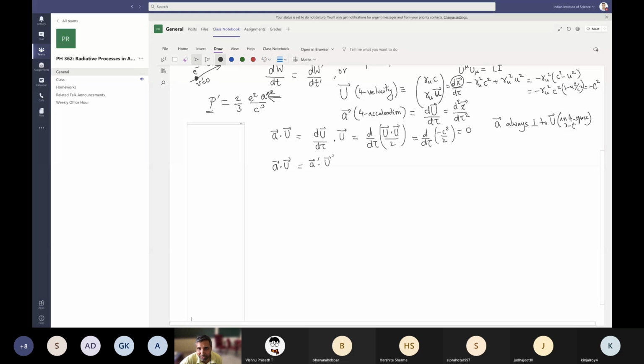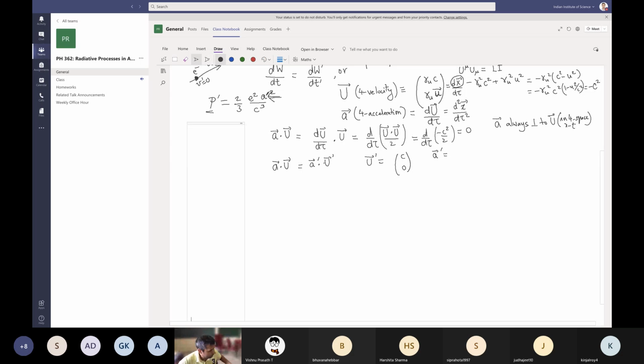This 4-vector u prime is equal to (c, 0), since gamma_u is 1. So U prime is this, and A prime is equal to this. This is the acceleration measured in the instantaneous rest frame.